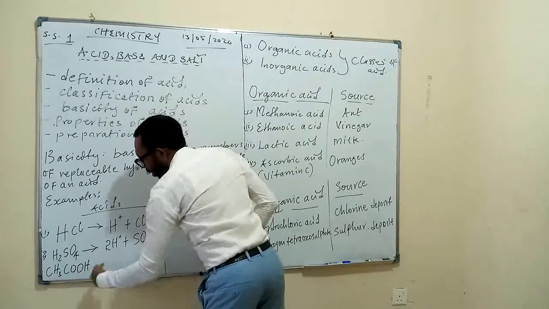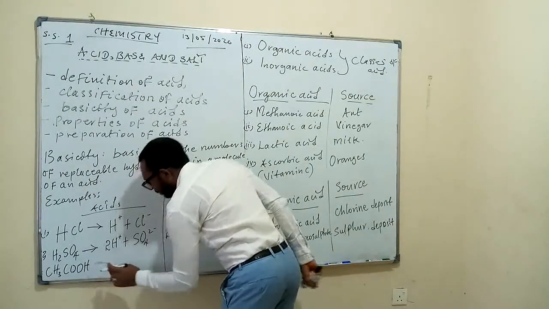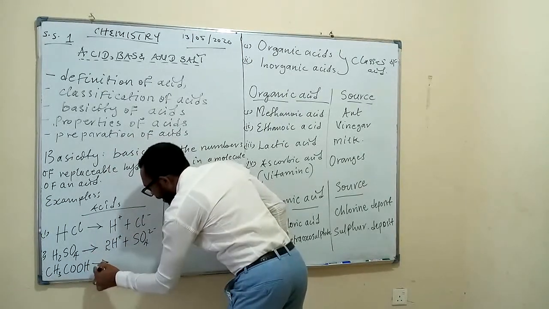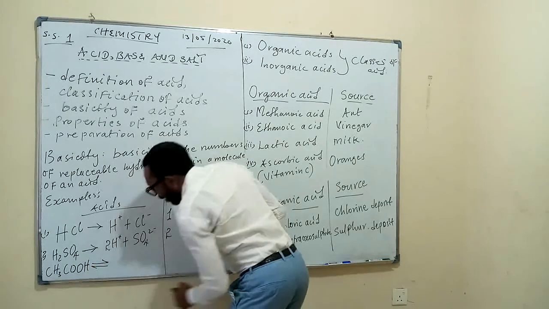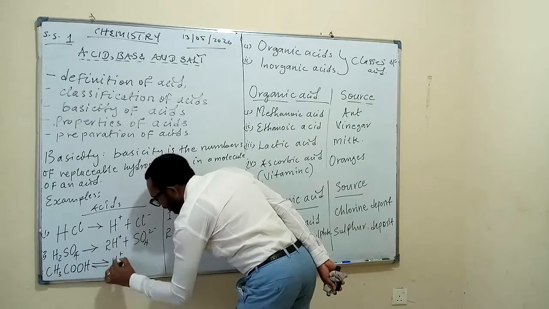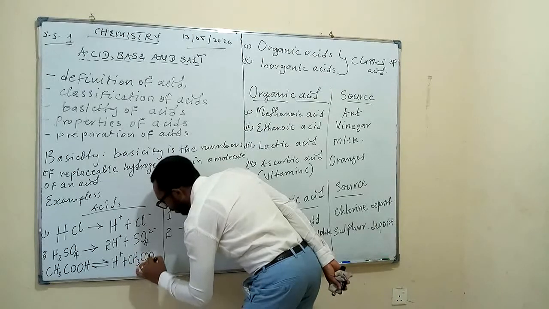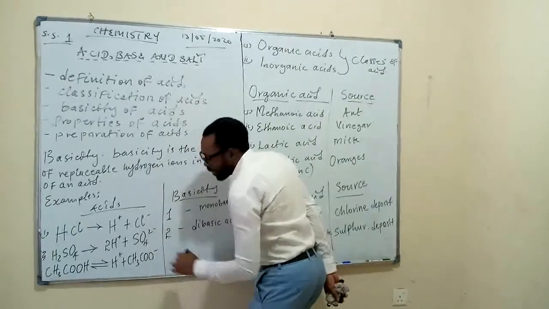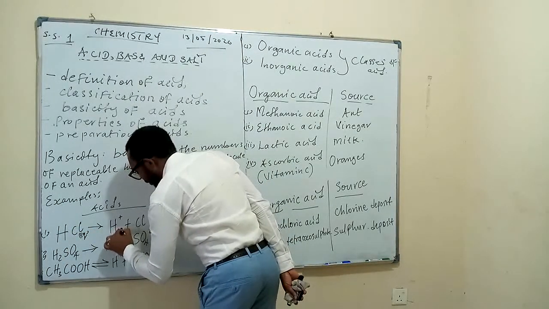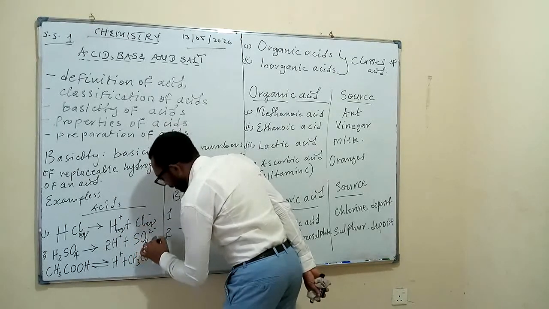If it dissociates in water, for the fact that it's a weak acid, I have to use a double arrow. So, H plus and CH3COO minus. Now, please don't forget, all of these are in aqueous solution.